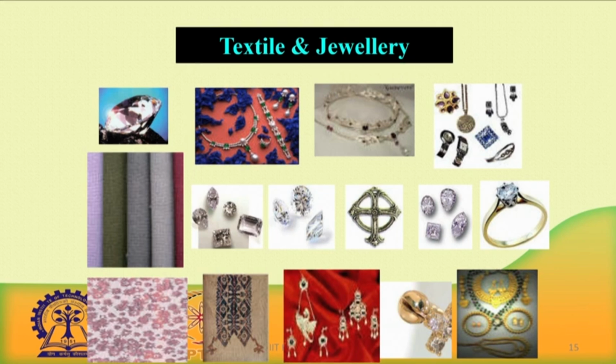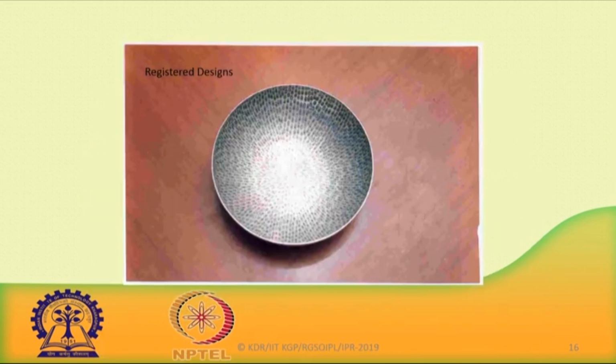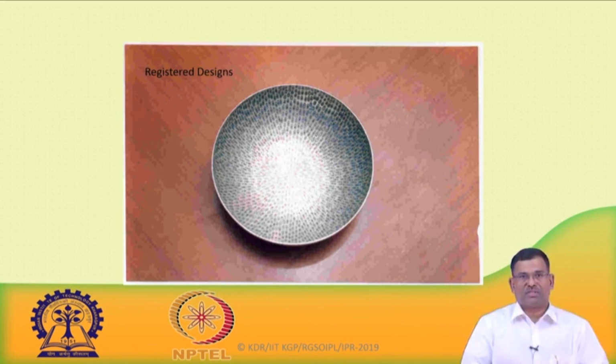So, whether it is a chain or an earring or a ring, it can be registered as a design, particularly as a design which will preserve its shape. You can find even some unique shapes given to the products, and these can also be registered and recognized as a design.